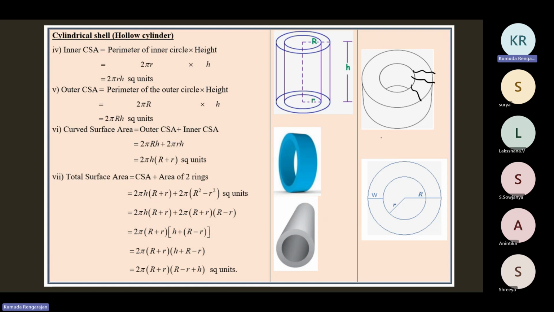When you see the top view of the solid, this is how it looks. This is the center, this is the inner radius, this is the outer radius, and this is the thickness of the wall.